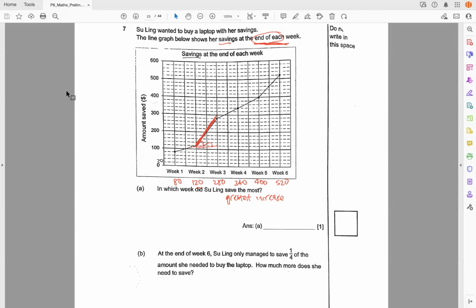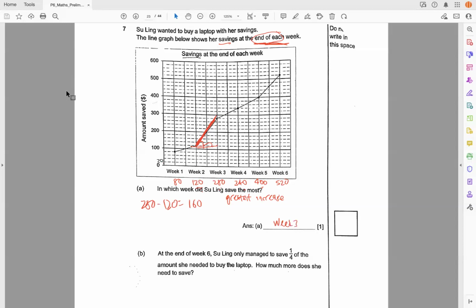If you are not sure, just do 280 minus 120, 400 minus 340. Which one has the biggest difference? That is the answer, right? So from week 2 to week 3, there's an increase of how much? You look from the graph, you know. 280 minus 120 is 160. Right, this is the biggest already. So the answer is week 3.